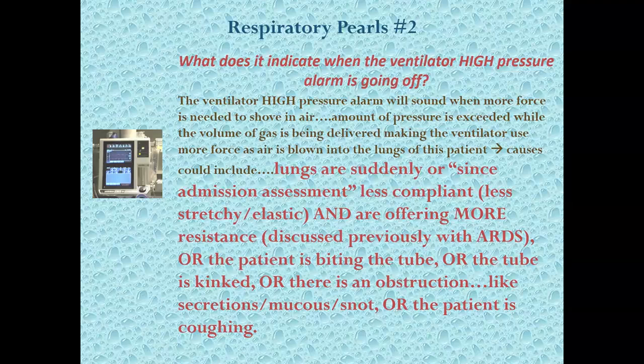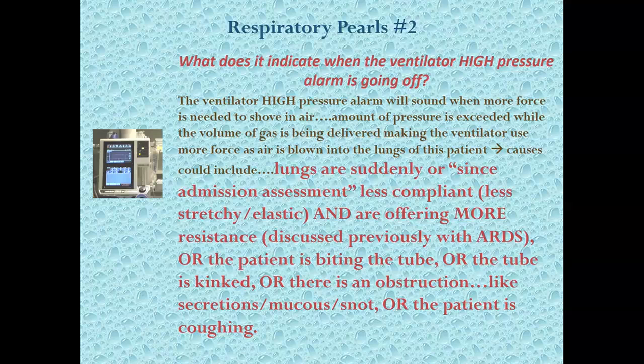Now, the patient may be producing a lot of secretions, and so if you see this green looking snot or mucus bubbling up in your endotracheal tube, well, it's time to suction your patient. And so when you do that, then the high pressure alarm should stop sounding. The other thing is that the patient could cough. If you wiggle the tube, it's going to irritate the patient and they might cough. And if you cough right now, you notice that you're pushing air out.